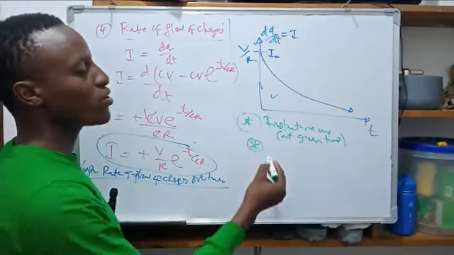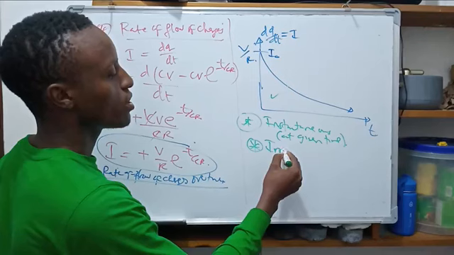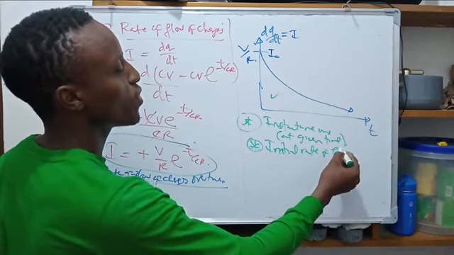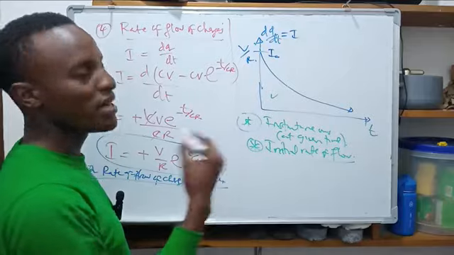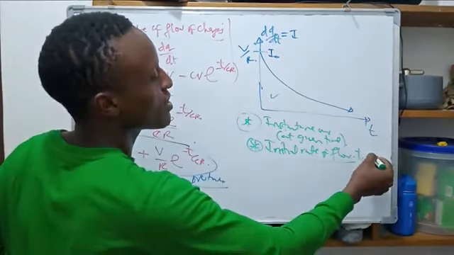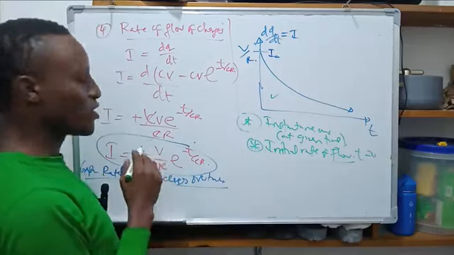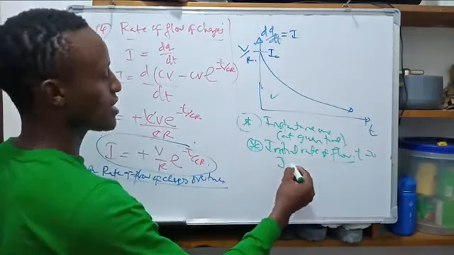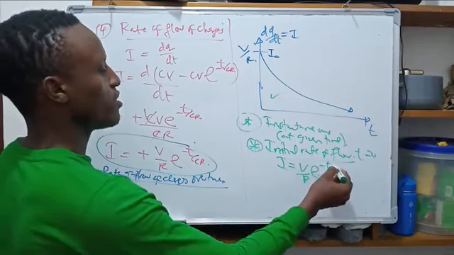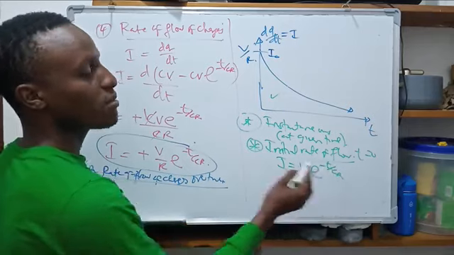What if they ask you about the initial rate of flow of charges, meaning when you are starting to charge, when time is equal to 0? Speaking about the rate, I is equal to V over R times e to the power negative t over CR. So time is 0 now.